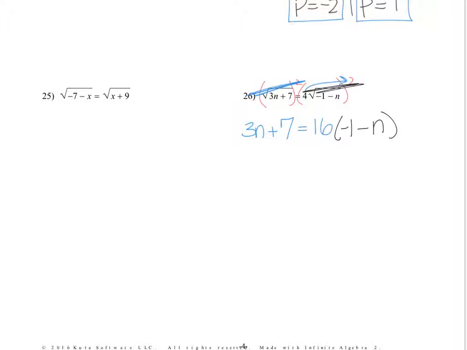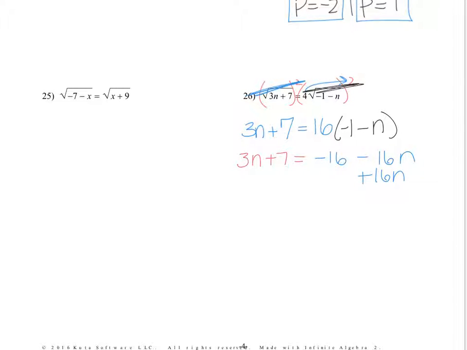Once I do that, I can solve. So I get 3n plus 7 equals negative 16n minus, whoops, that's wrong, sorry. You should get negative 16 minus 16n, and then just solve for n.